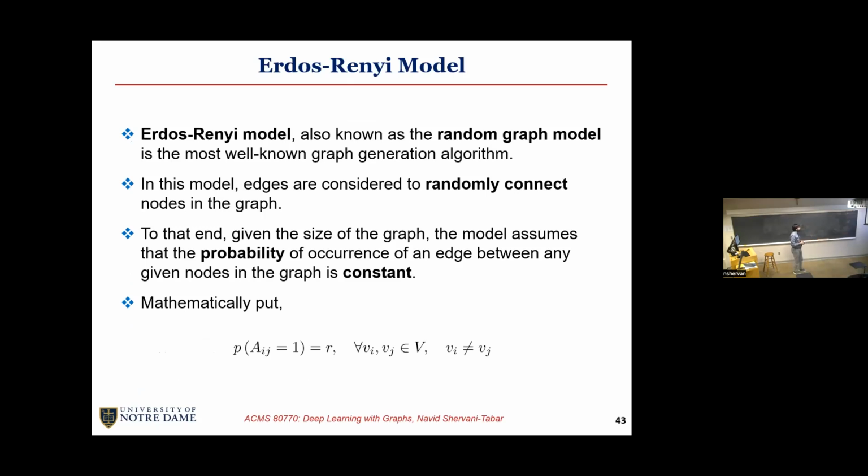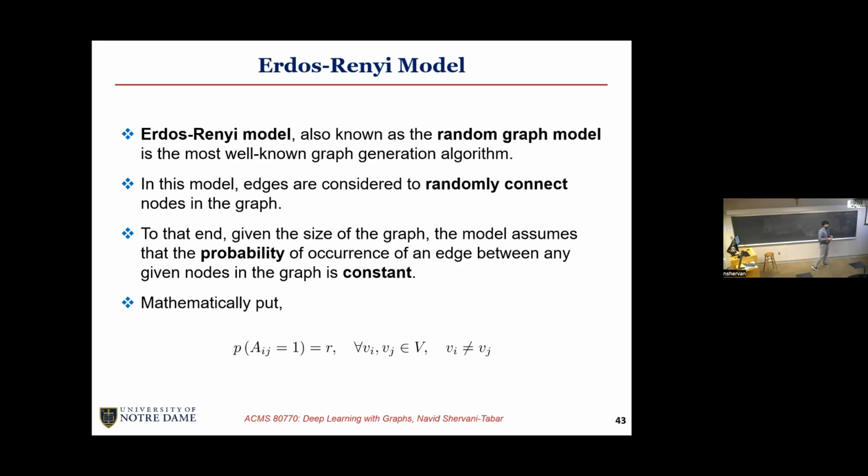So, starting from Erdős–Rényi, this, as I said, is also known as the random graph model. This is the most well-known model to generate graphs. The idea behind this approach is that we assume we are given a number of nodes, and then the edges just randomly connect these nodes together.